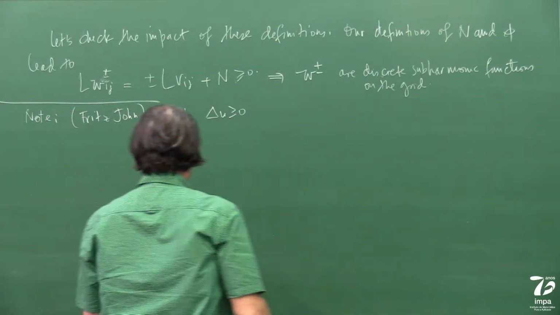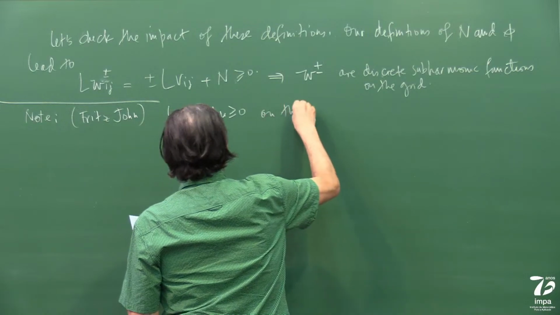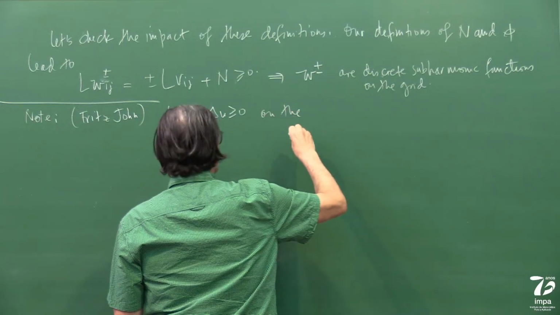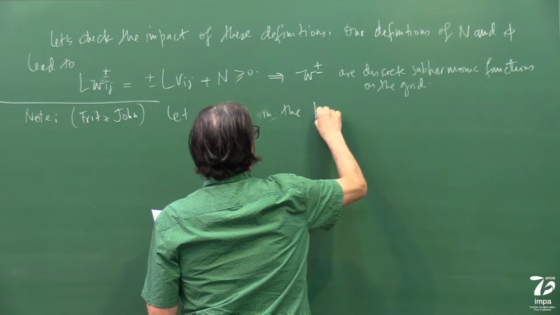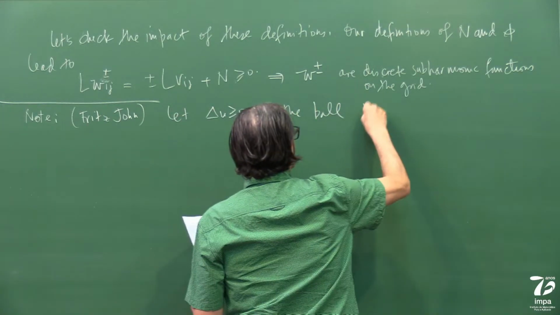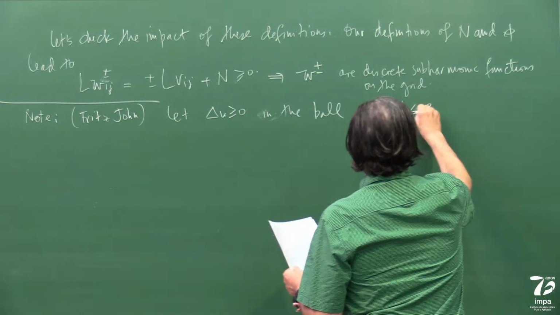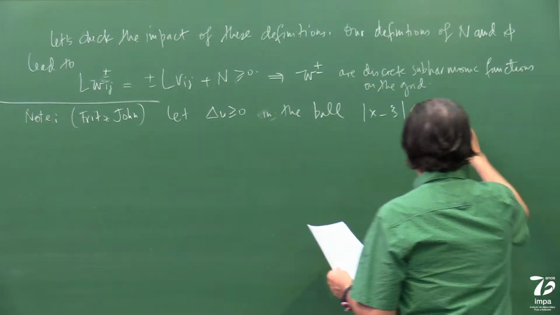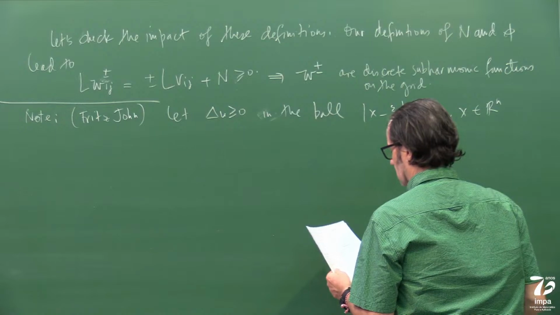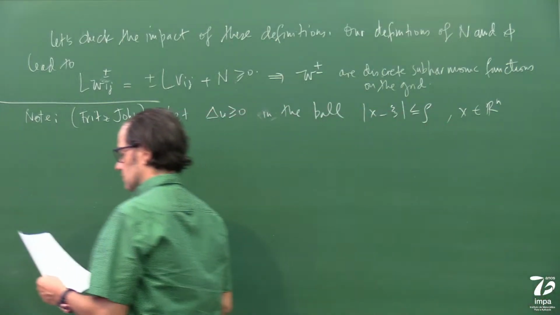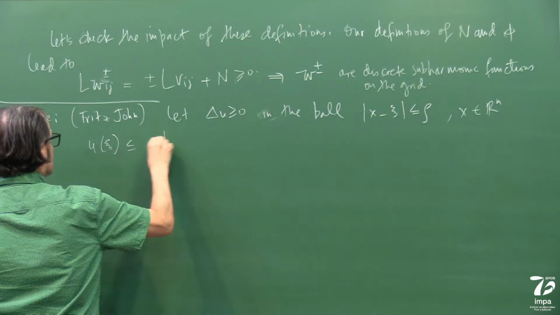If the Laplacian is greater or equal to 0 in the ball, that's less or equal to rho. Okay, this could be even x in R^n, as we saw there in John. Then one has this.